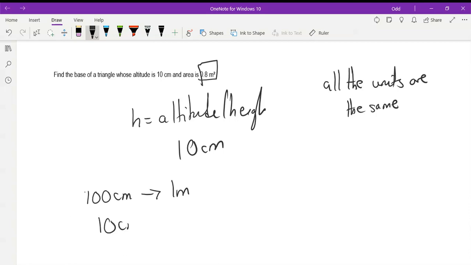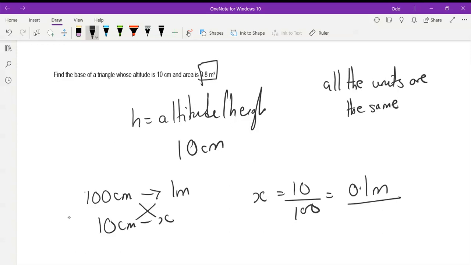So 10 centimeters will be equal to x. So x will be equal to 10 divided by 100, which is 0.1 meters. So the height of this triangle is now 0.1 meter. So we're good to go.